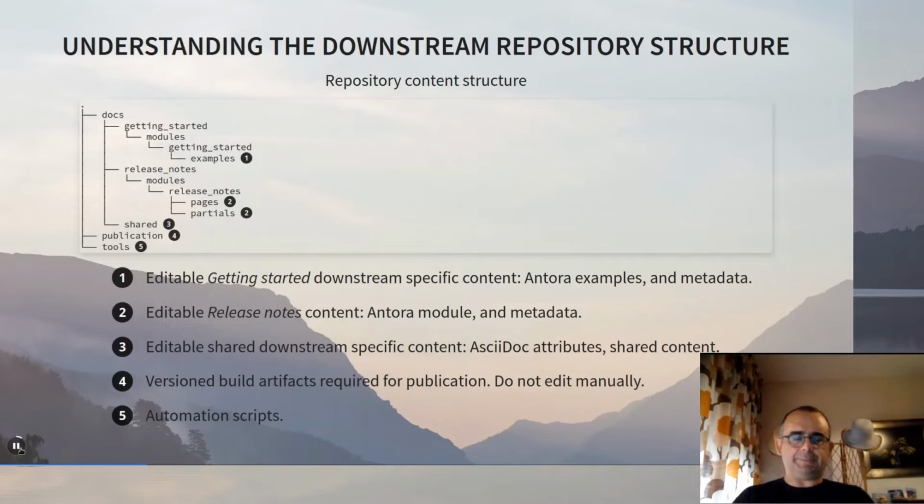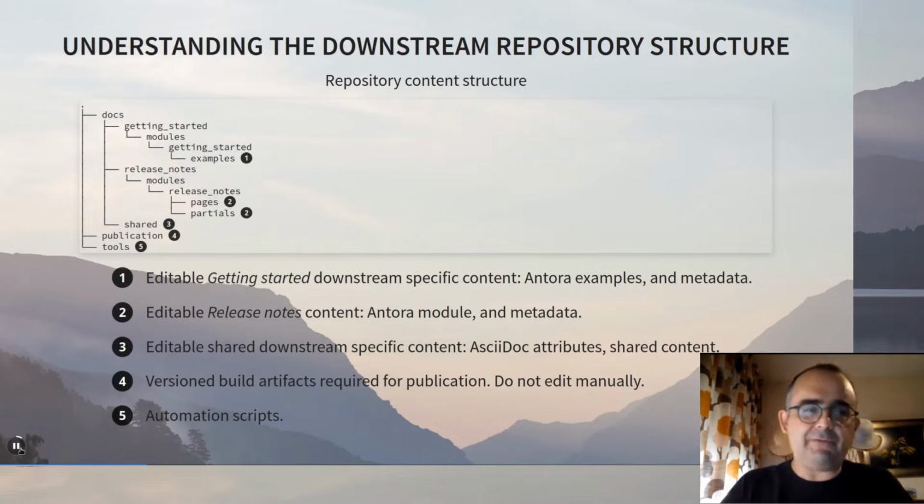Here is an example, a little bit simplified, but not too much, of what we have in one downstream repository content. You can see here the first guide, the Getting Started guide. It's documentation that has an upstream counterpart, so we have only partial content in that.